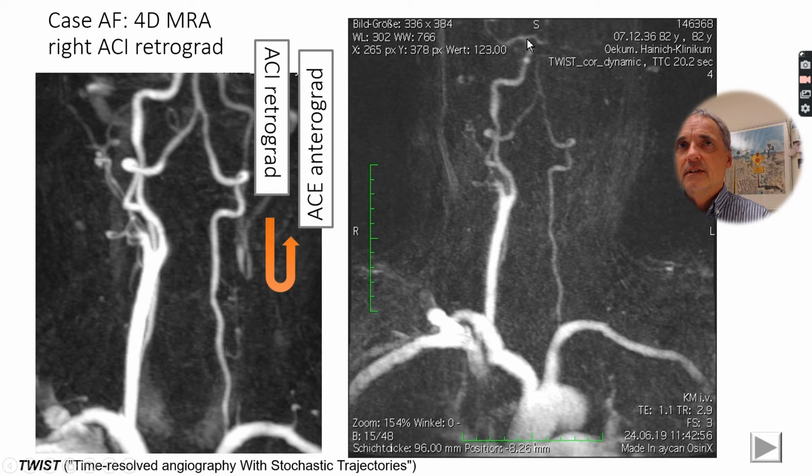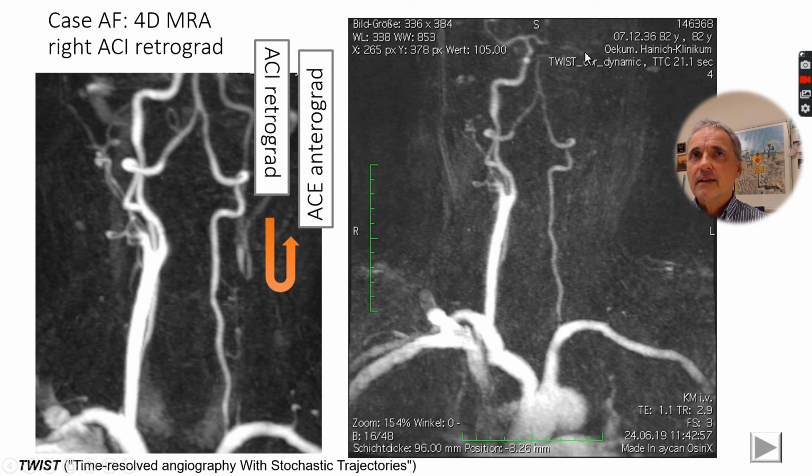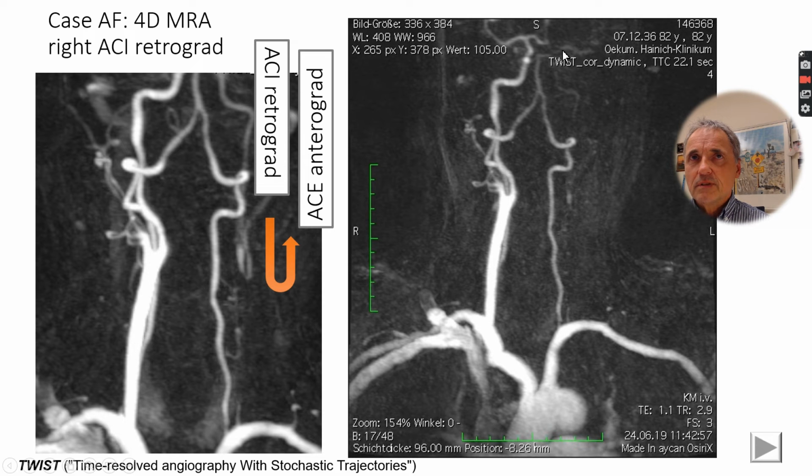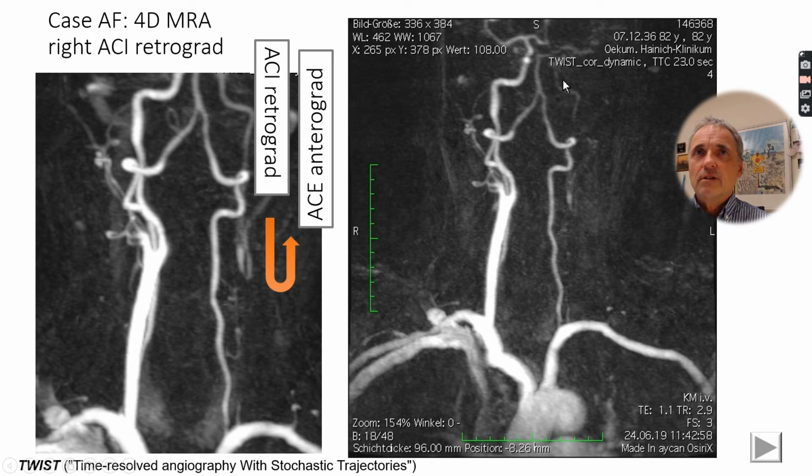And what happens here? We have the ACA ipsilateral on the right side, and we have a low flow in the MCA on the left side. It comes from the basilar artery, from the posterior communicating artery as a collateral. But what happens next? There's another vessel. This is the internal carotid.